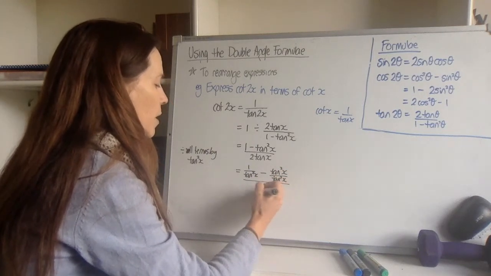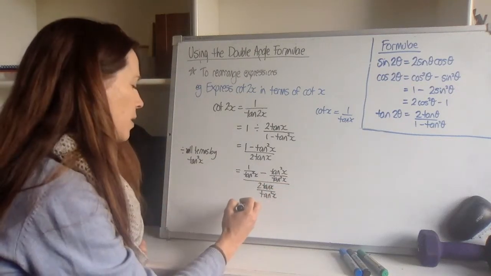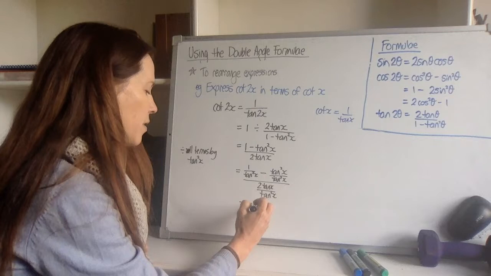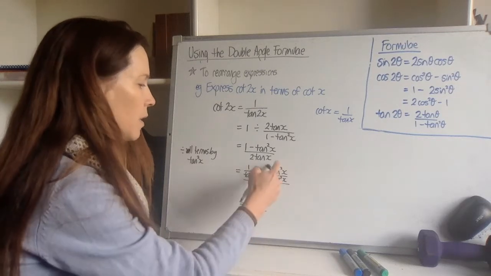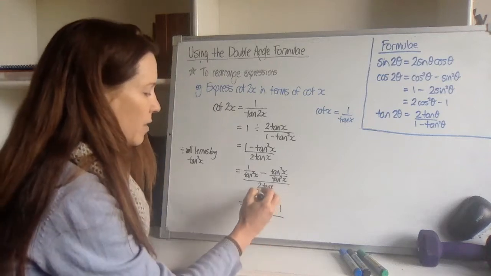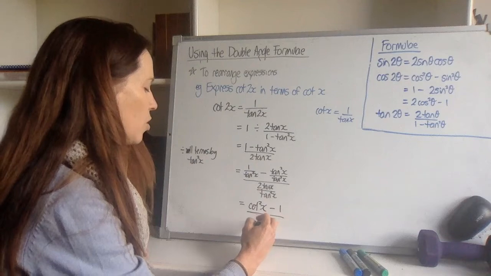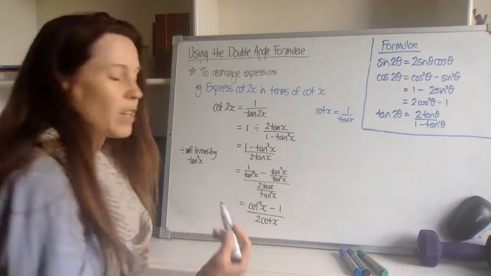I'm dividing all 3 terms by tan squared x. So now I can see what's happening. 1 over tan squared x is cot squared x. Tan squared x over itself is 1. And on the bottom, I can cancel a tan x with one of those, and I've got 2 over tan x, which is just 2 cot x, and I'm finished.